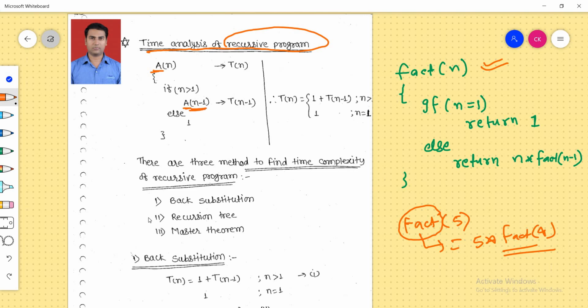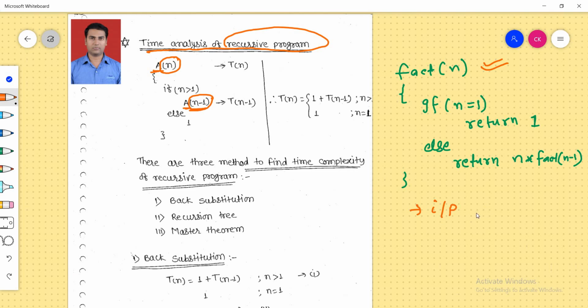And of course, every recursion should follow certain conditions. In every recursive call or function call, the input size must either decrease or increase.